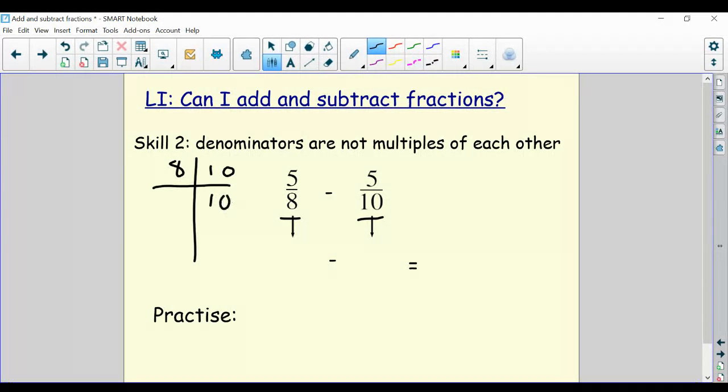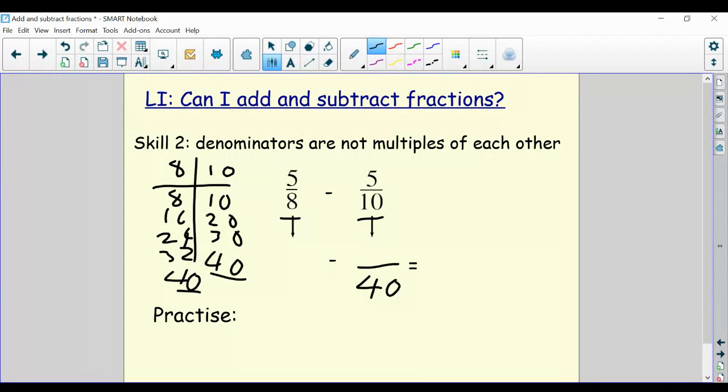We've got 10, 20, 30, 40. And we've got, you may already know the answer, 8, 16, 24, 32, 40. So the lowest common multiple is 40. So we're going to make the denominator for both 40 because that is the common multiple that they share.